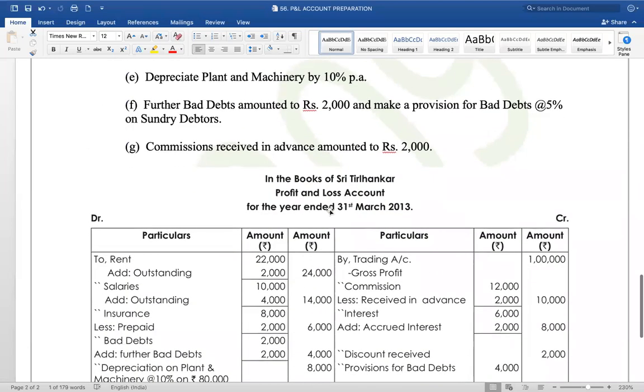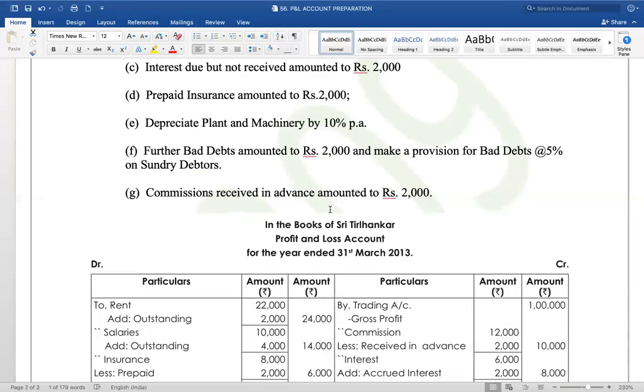Now let's come to adjustments. Any adjustments that you see about provision for bad debt? Further bad debts amounted to 2,000. This is already done, right? And make a provision for bad debts at 5% on sundry debtors.